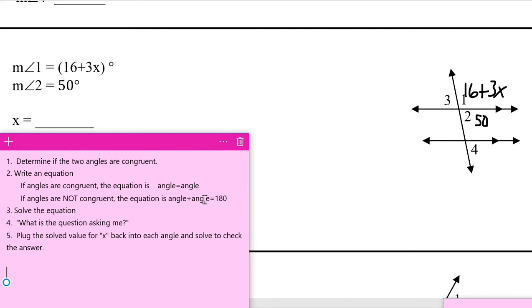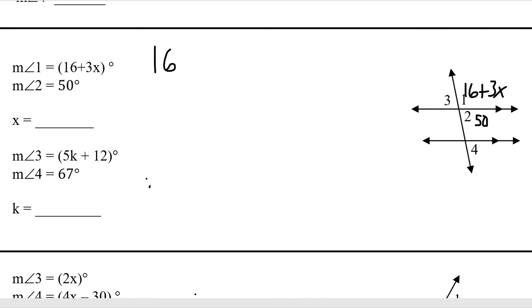So how we're going to write this is 16 plus 3x plus the other angle.